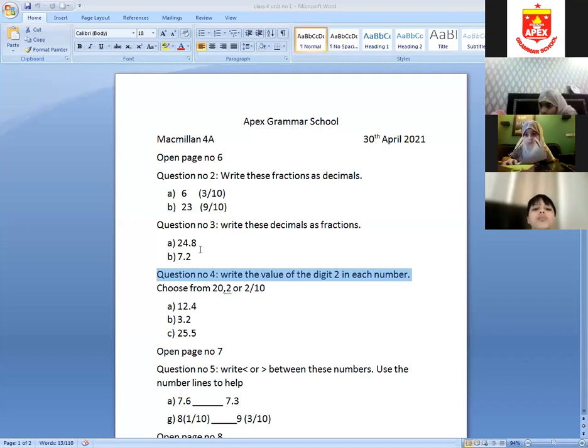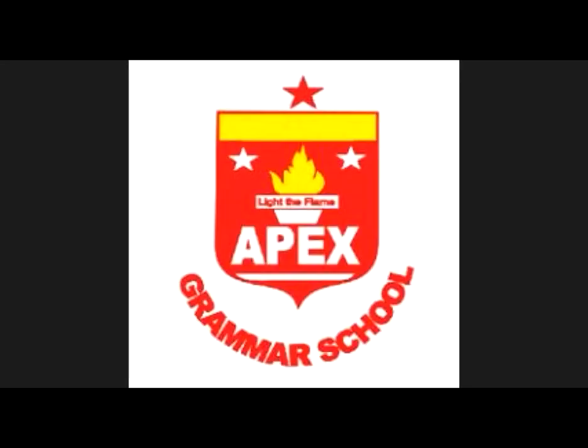Fractions means you have to write our value in the over form, like 2 by 10, 9 by 10, 3 by 10. Okay. So how am I going to write this decimal value into a fraction? Look at the board how I am going to do this one.